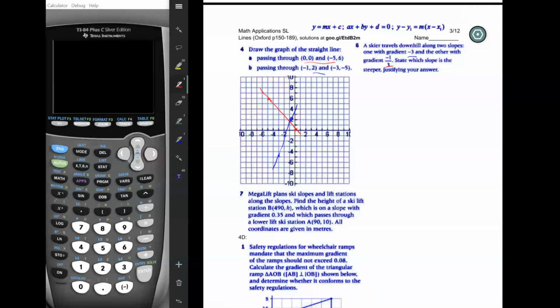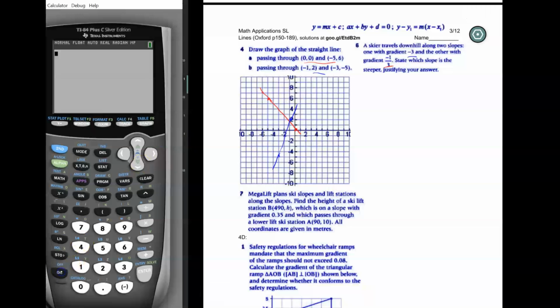Okay, so if you want to see which one is steeper, one thing that you could do is go on the calculator and graph two lines, one of them being y = -3x, which I'm going to do in blue, and the other could be y = -1/3 x, which I'm going to do in red.